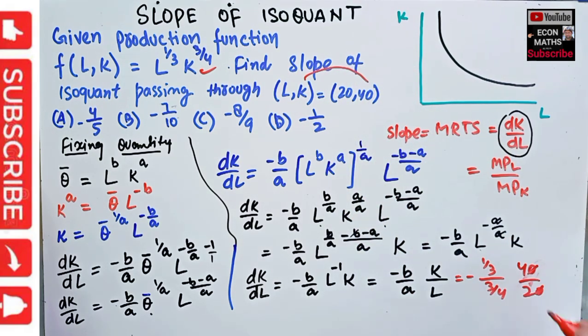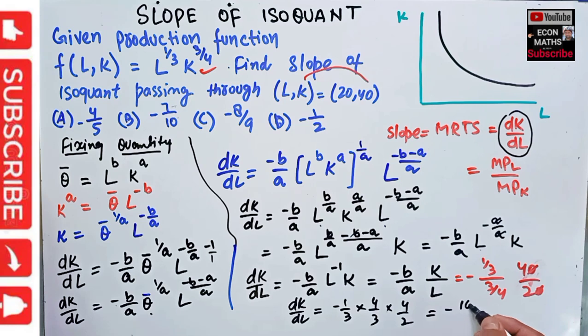Solving it, we will get dk upon dl is equal to minus 1 upon 3 into 4 divided by 3. When I transpose, it will get multiplied and reciprocated, into 4 divided by 2, which comes out to be 4 4s are 16, which is minus 16 divided by 3 3s are 9, 2s are 18, which comes out to be 2 8s are 16, 2 9s are 18.